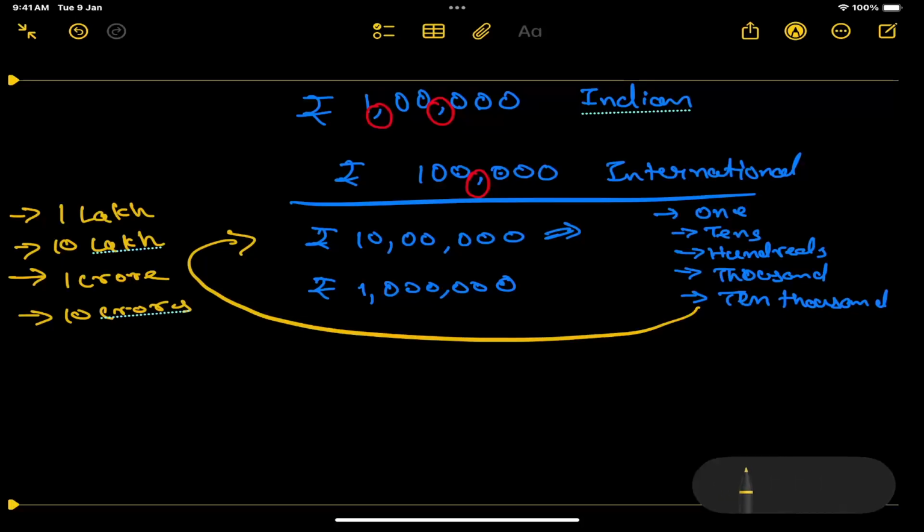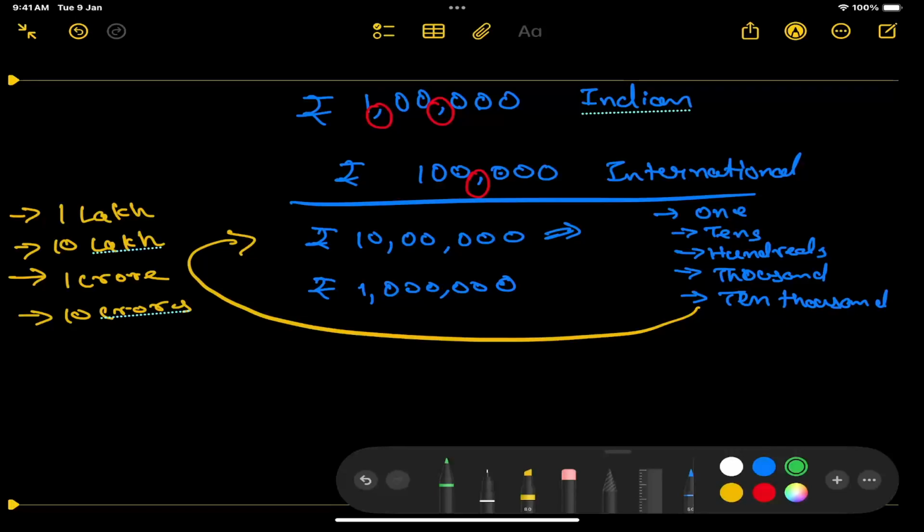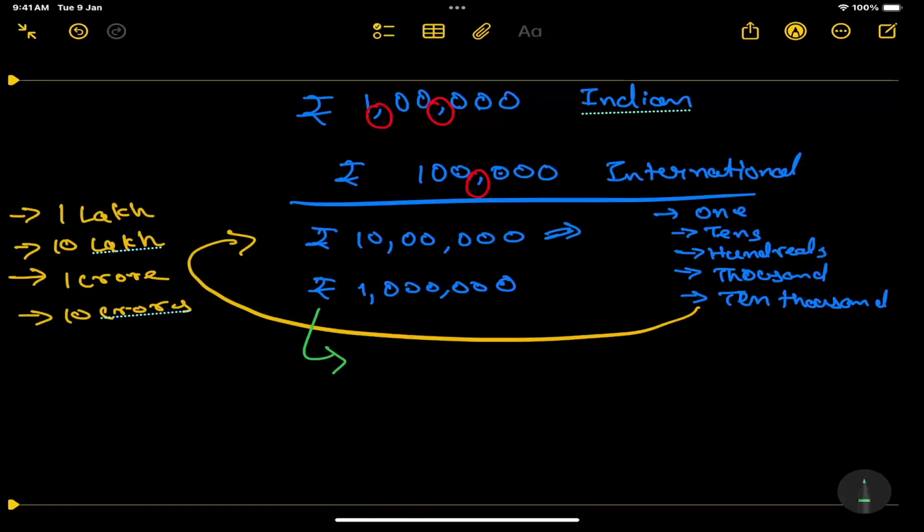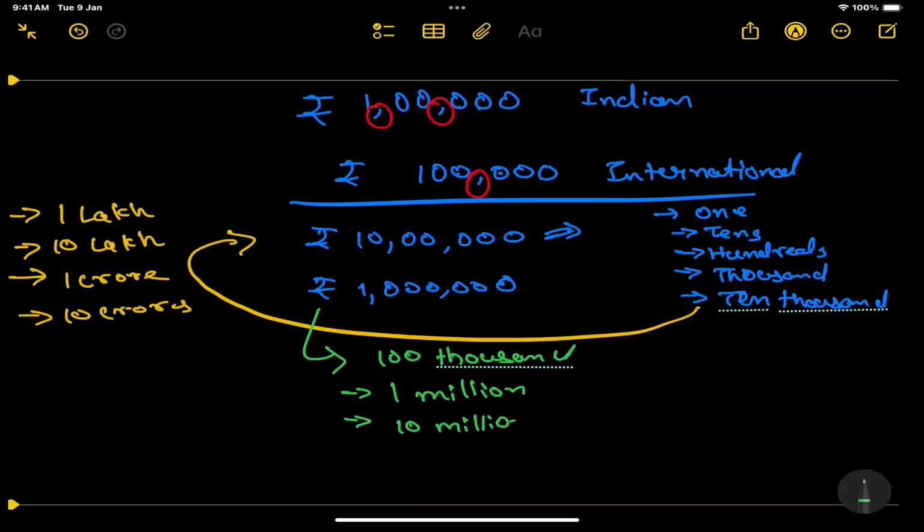But for international number systems, how will we move? After 10,000, we'll go to 100,000. Next, 1 million. Then 10 million. Then 100 million. Next, 1 billion.